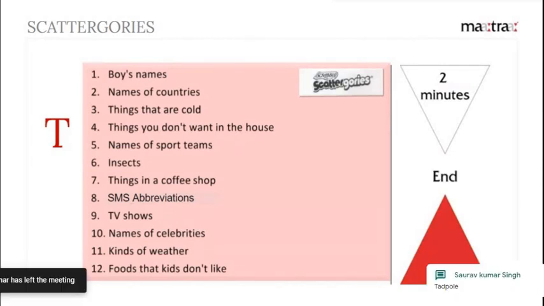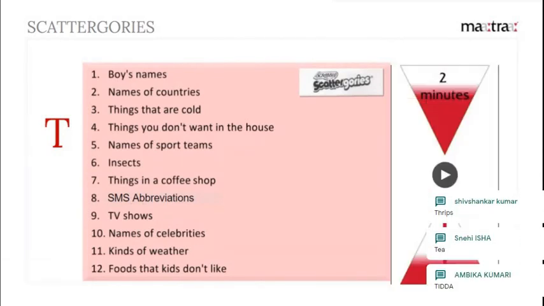Next thing. Things in a coffee shop. Tadpole, tea. Yes, tea, teacups, tea plates, table, tray. Very good, Sushmita. Next, abbreviations, SMS abbreviations. Coffee, yes.